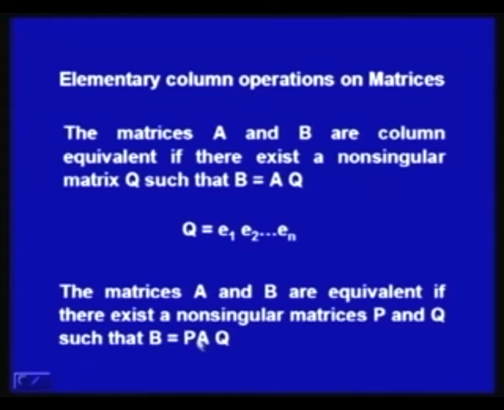P is the elementary row operations and Q is the column operations. So, the two matrices are equivalent if B is equal to PAQ. So, we have row equivalence, we have column equivalence, and simply the two matrices are equivalent.